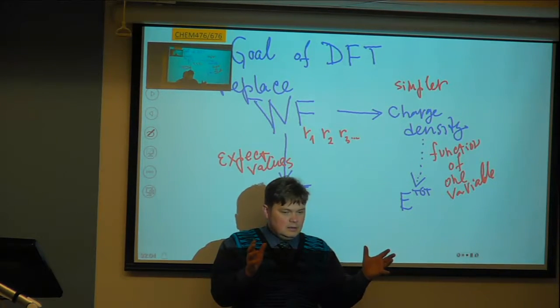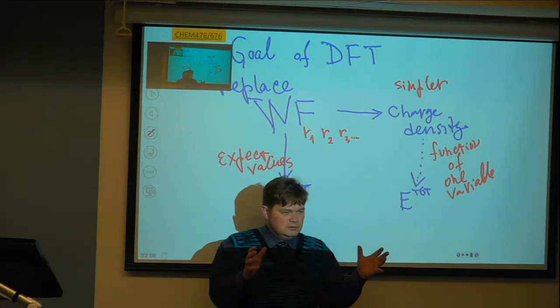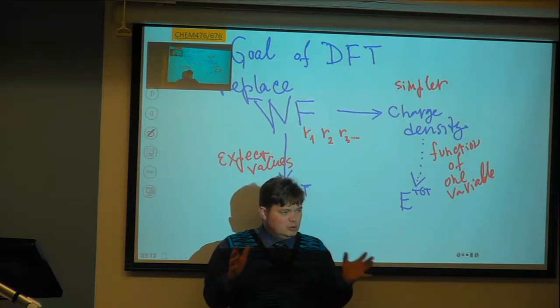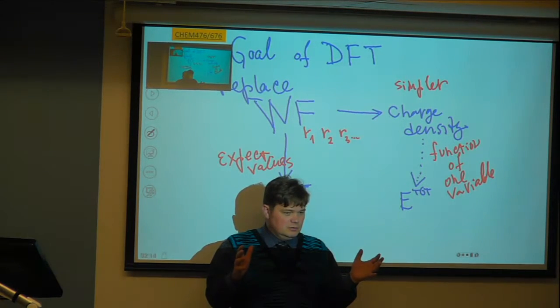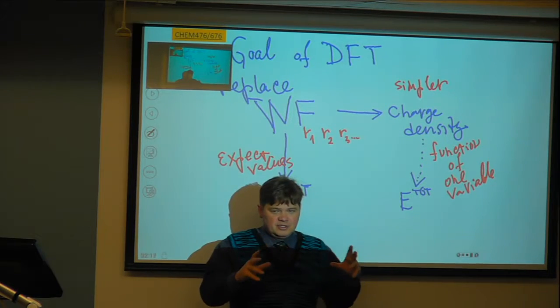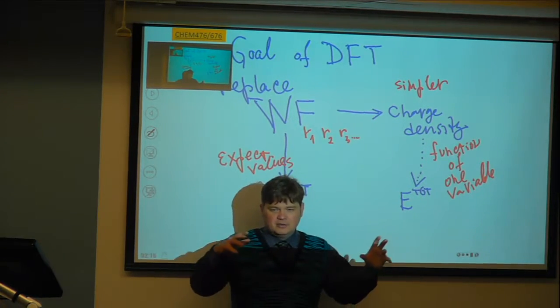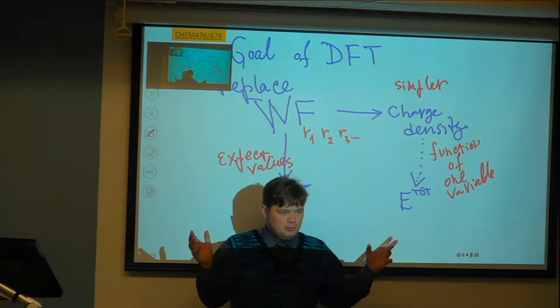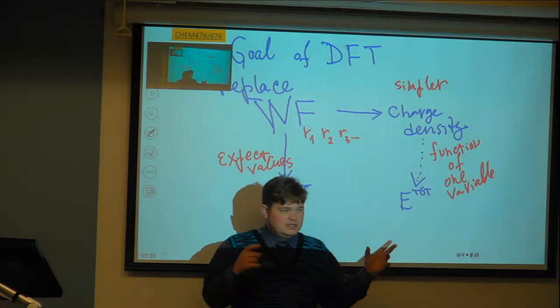And there are theorems that tell that one can find total energy and some other important observables based only on this distribution of charge. So having one distribution of charge instead of a product of 100 orbitals is so attractive. If it is possible, it really speeds up all calculations.